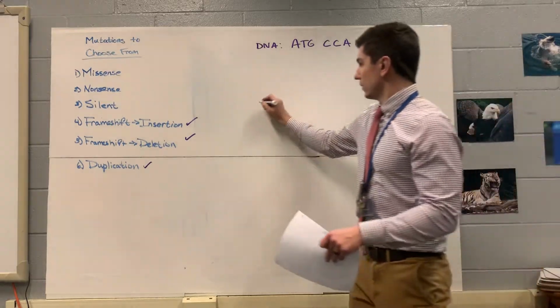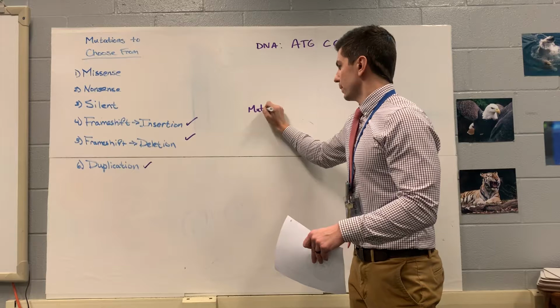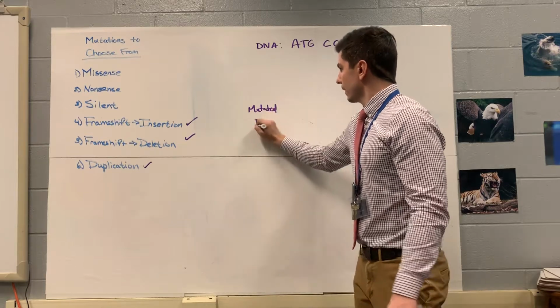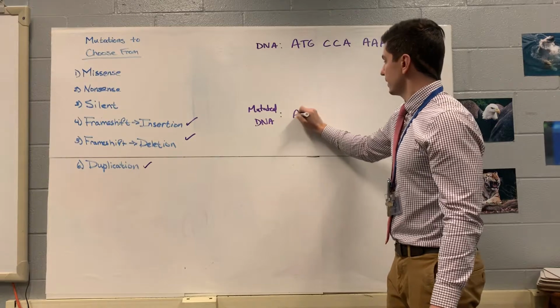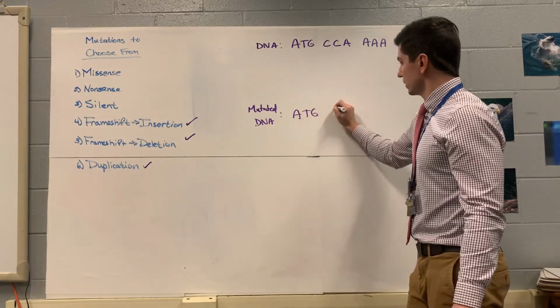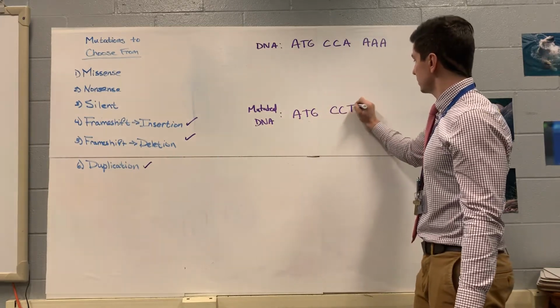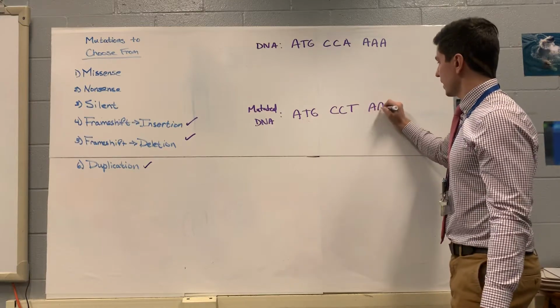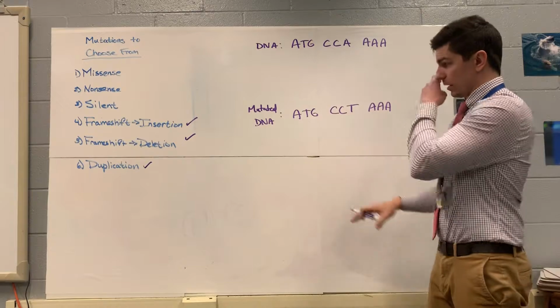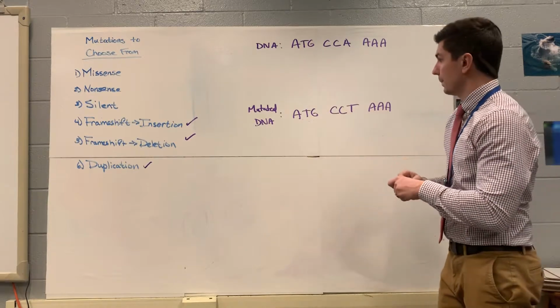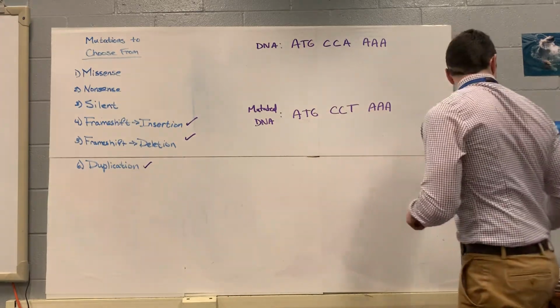Okay. Now I'm going to do the mutated down a little bit more than this one. And we're going to do the mutated as ATG, C, C, T, and A. Okay? So normal DNA, our mutated DNA, let's start looking for our differences here.